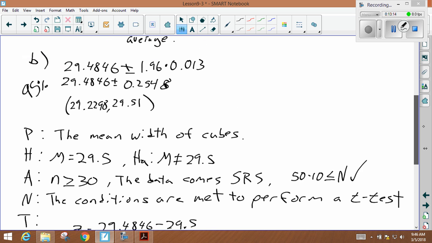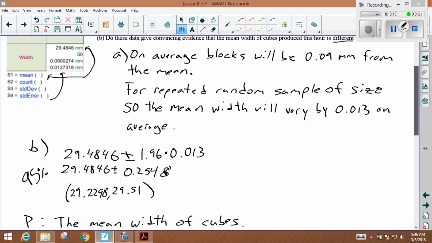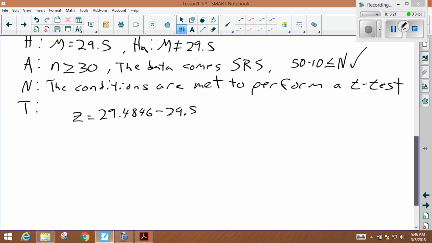We need our standard deviation. What was that? 0.09, divided by, 0.09 divided by the square root of 50. Probably going to be an approximation.